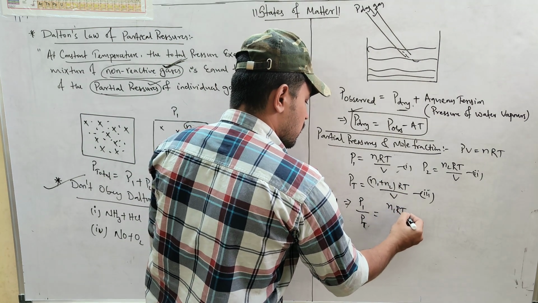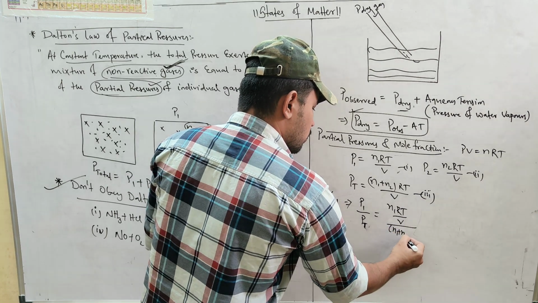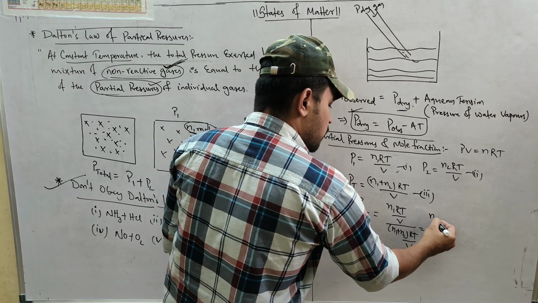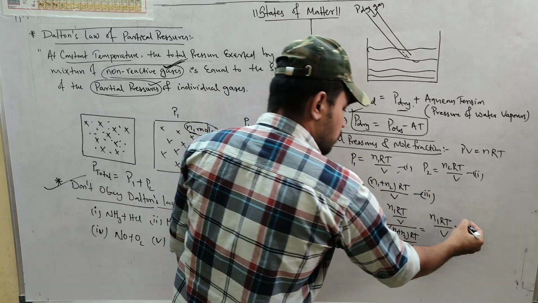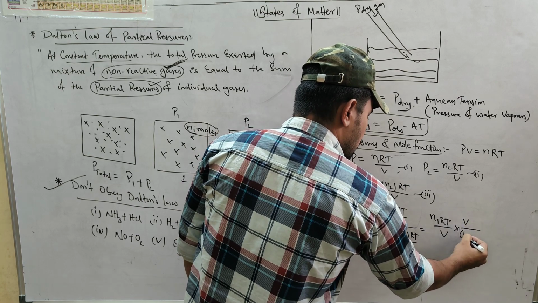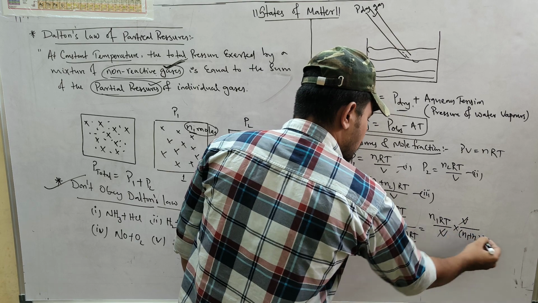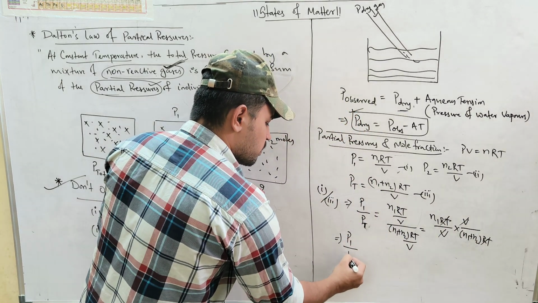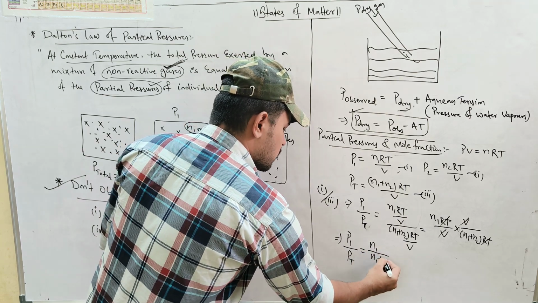N1RT by V divided by (N1 plus N2) RT by V. So V is going to be reciprocated, giving V by (N1 plus N2) RT. So V cancels, RT cancels. What we got is P1 by Pt is equal to N1 by (N1 plus N2).